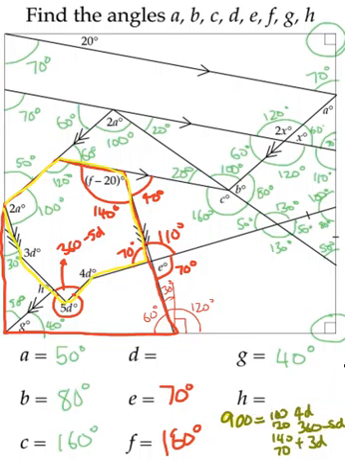So if we add all of the angles together, 100 plus 120 plus 140 plus 70, that gives me 430. But I've also got the 360 there on the other side. Overall is 790. So 790 degrees should be all of the numbers.